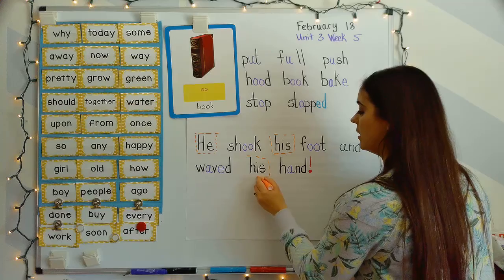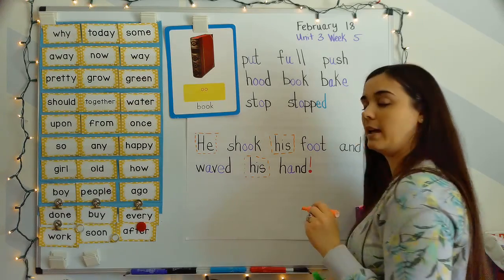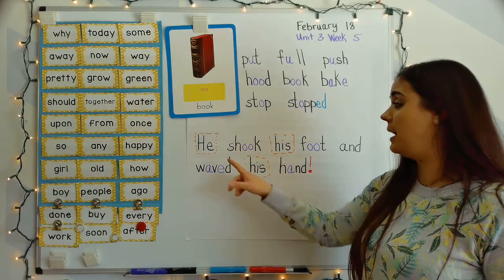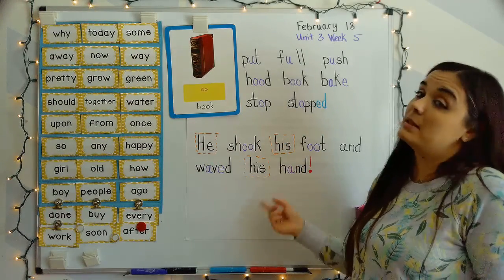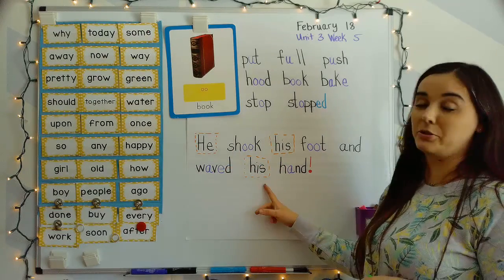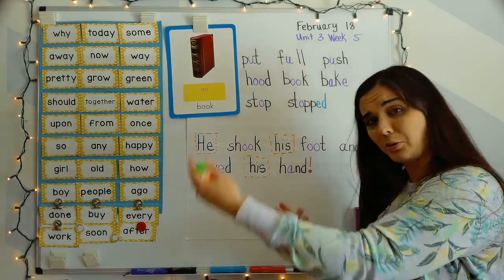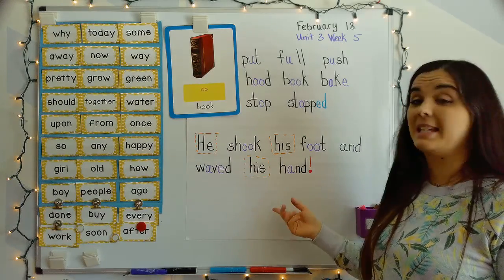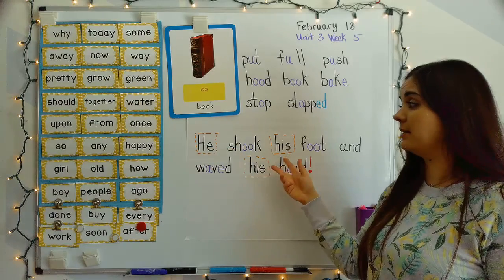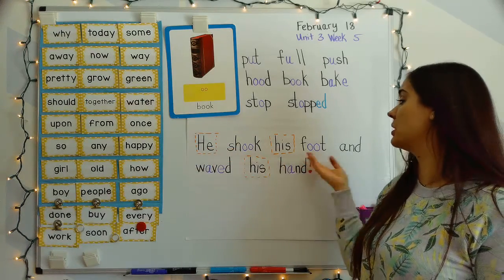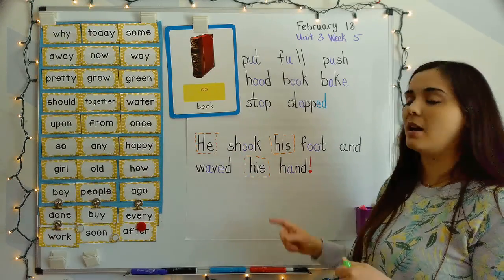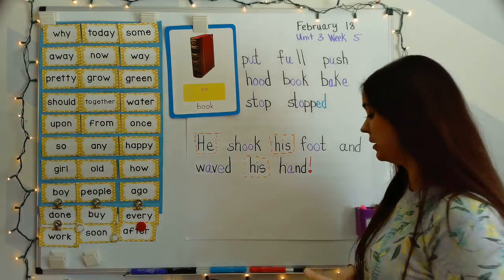So that means his here is also a pronoun. And so remember, with a pronoun, you could put any name there. It has to be the same name, though. Like Mr. Porter shook Mr. Porter's foot and waved Mr. Porter's hand. So that is correct, but it just sounds better to use he or his. Or instead of the word he, Mr. Porter shook his foot and waved his hand. So the pronouns just kind of make a sentence sound a little better.